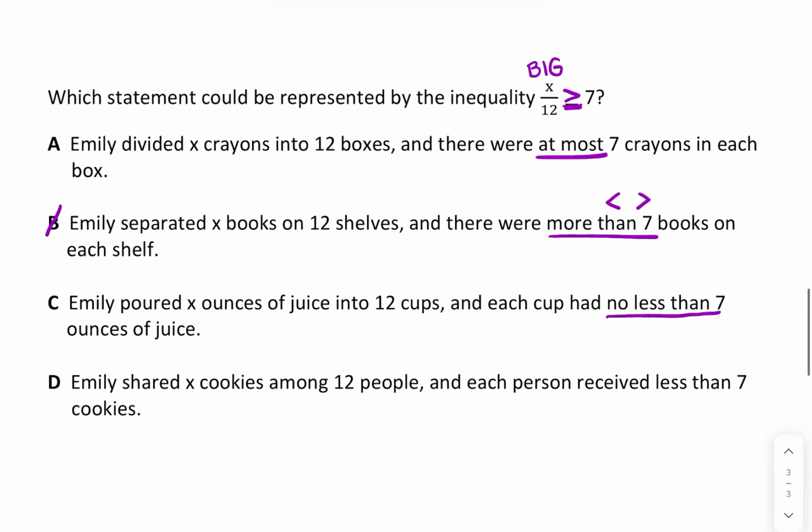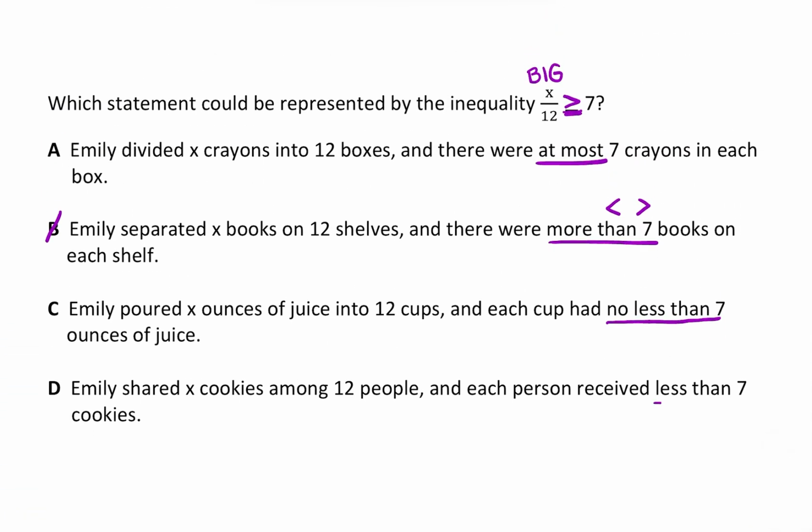And then we have just less than by itself on this one, so that one's out. Okay, so now we need to actually read through and see, are either of them dividing? Because a fraction means to divide. So A, Emily divided, so obviously yes. And then Emily is pouring into cups. So that's also dividing, okay?